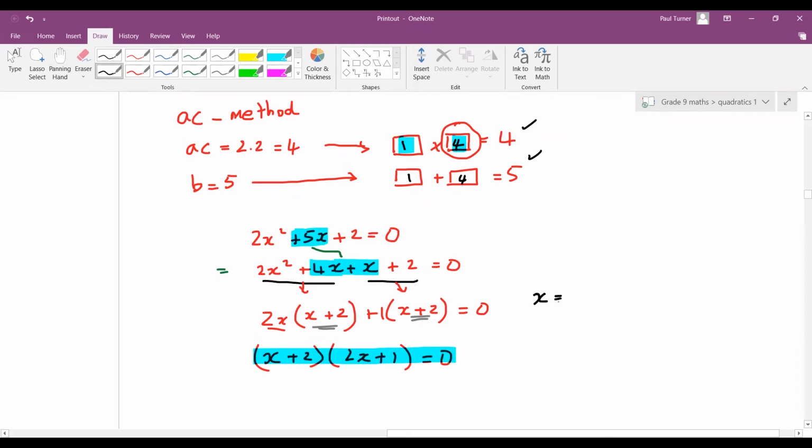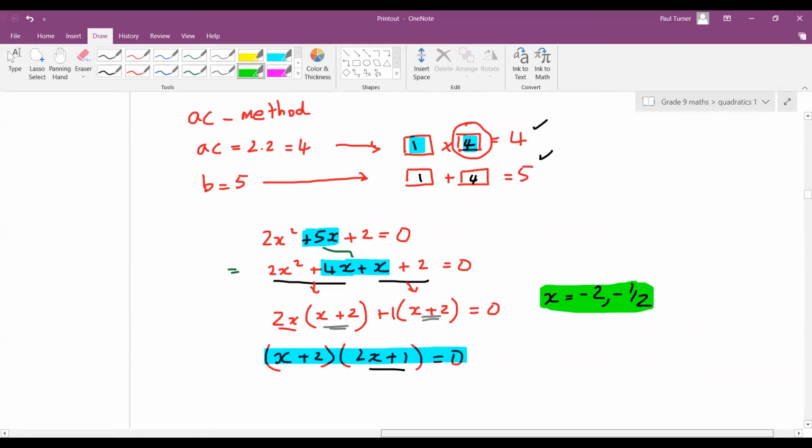So that means that x is minus 2 from this factor. And this one would be minus a half from this factor here. So that's your answer. Minus 2 and minus a half. That's already written in on your sheet there. But I may be showing a bit more working now. So that's how you do that one.